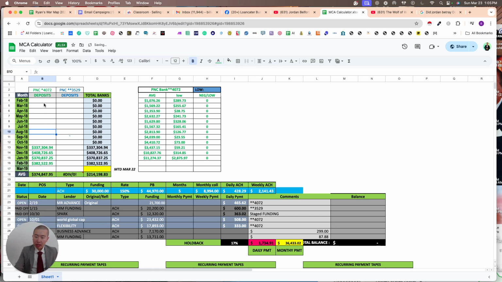And I will simply put in the deposit counts for each respective account. Let's say this account is bringing in 1,000 in deposits. Same business owner, two different accounts for two different divisions of his company. And then I would look into his total average deposits, which is shown by this.